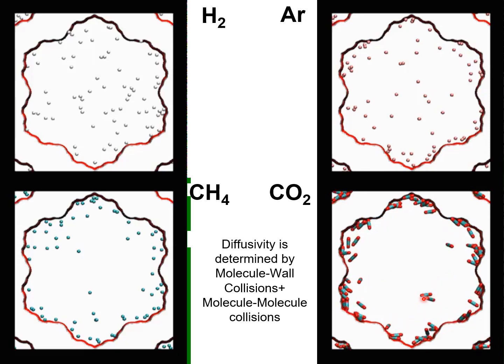You see only a very small fraction of molecules have entered the core region and are experiencing molecule-molecule collisions. So for these 4 guest molecules, let's compare the predictions of the Bosanquet formula that combines molecule-wall collisions with molecule-molecule collisions.